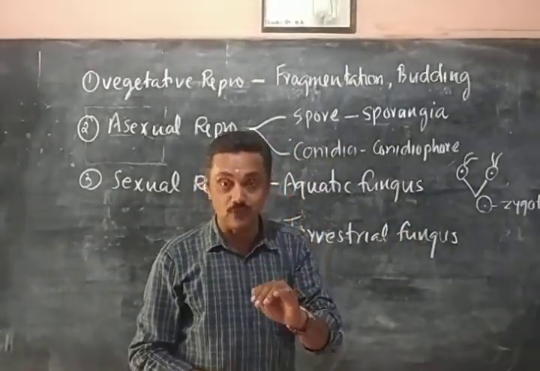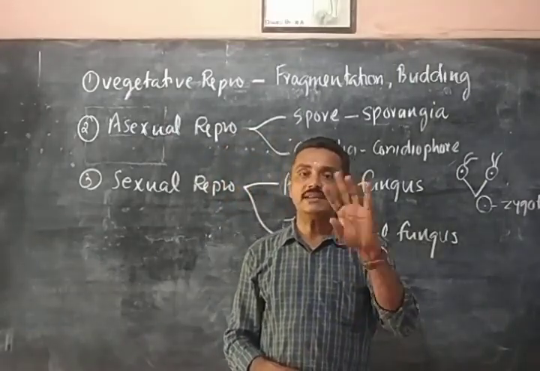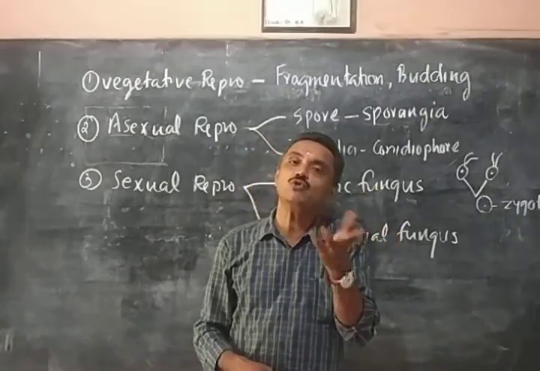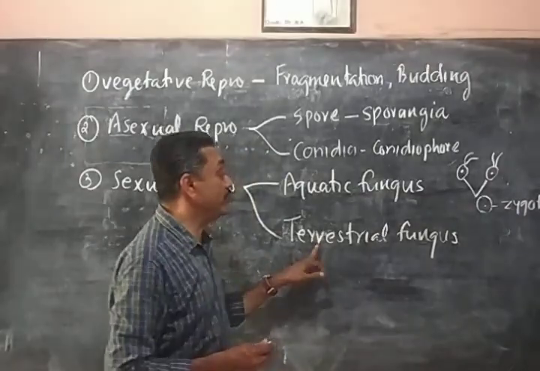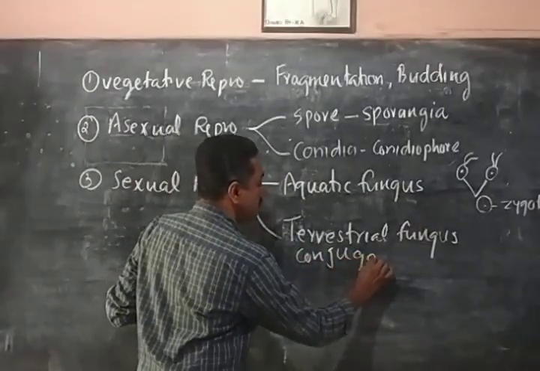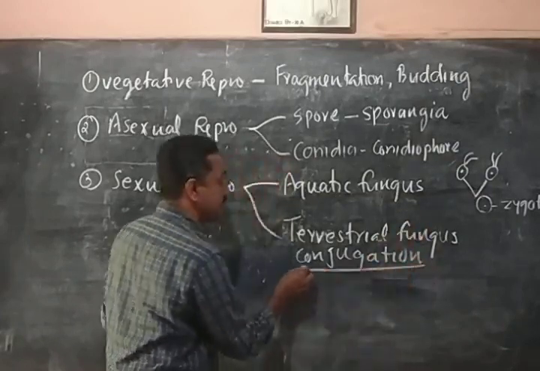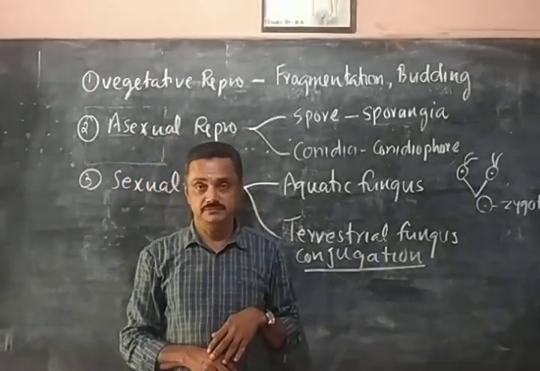But in terrestrial fungus, fungus living on land, gametes are not formed. Gametes cannot move because there is no water. So what happens? In such fungus, the process is by conjugation. In terrestrial fungus, sexual reproduction takes place by conjugation.